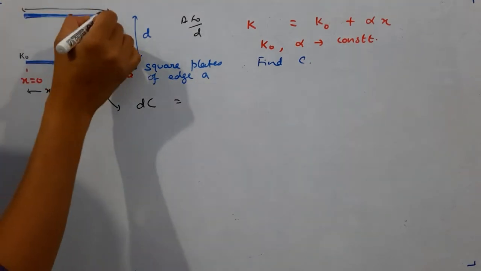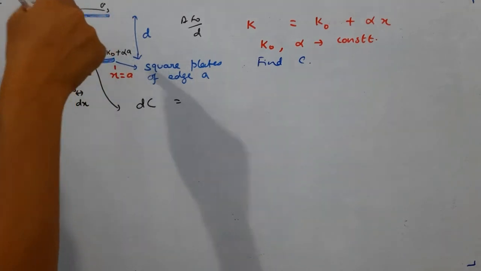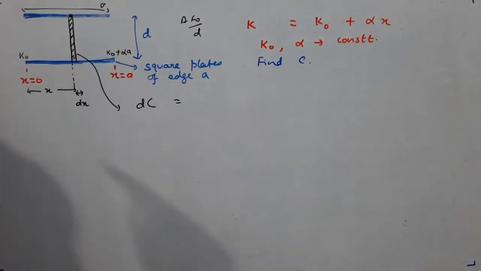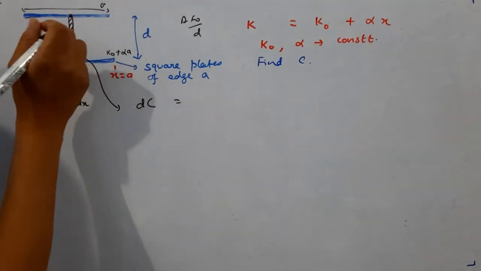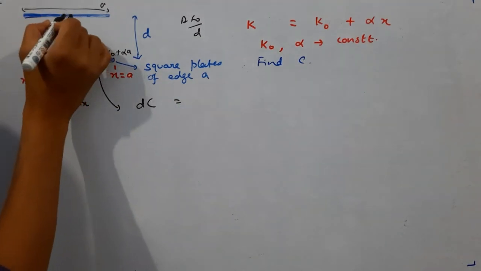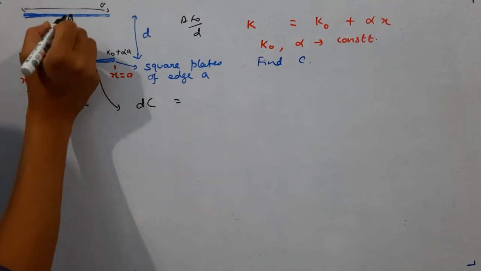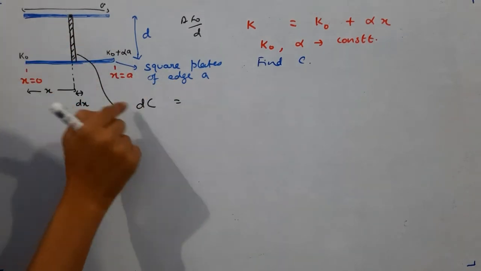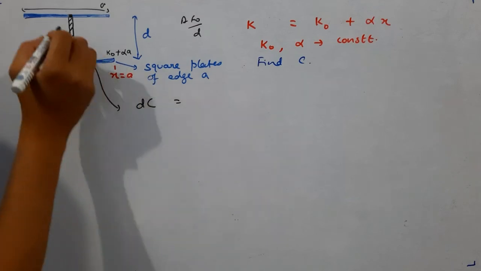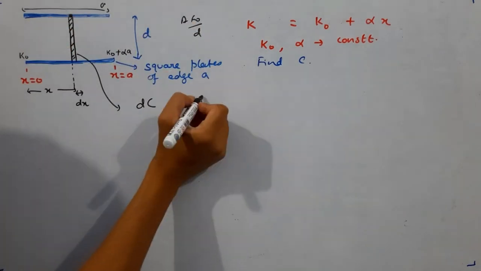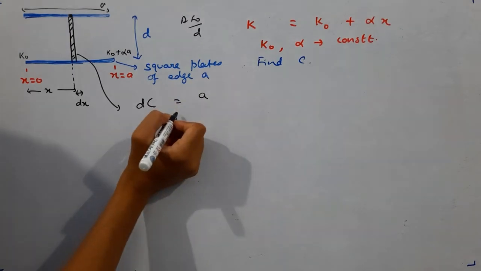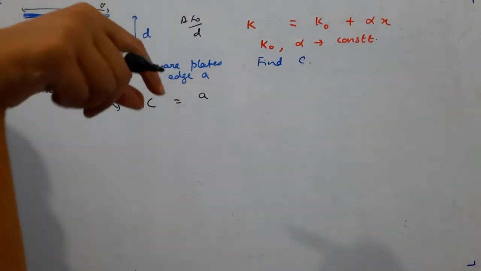See, from here to here, this is A. And then into the board, also A, you imagine. Then there will be a square. So into the board, that part length is A, and the length on the board is dx for this element. So area of the plate will become A times dx, length into breadth. A rectangular strip is taken like this.